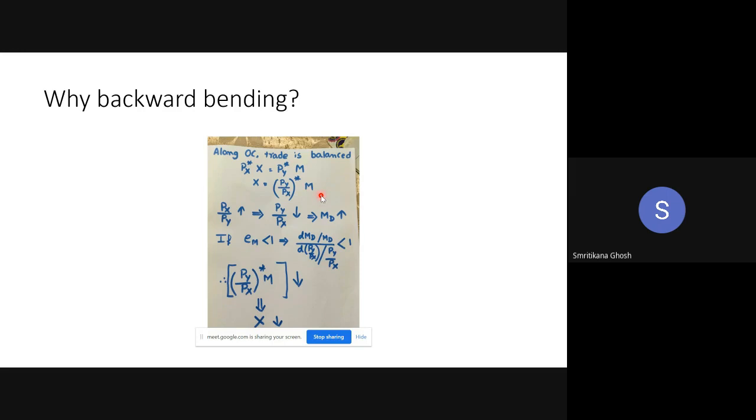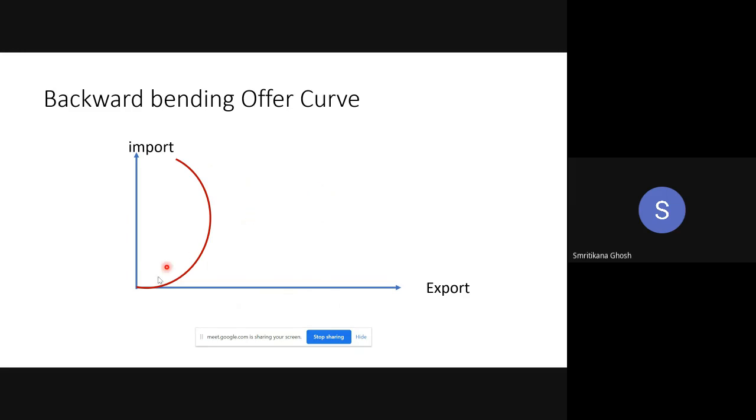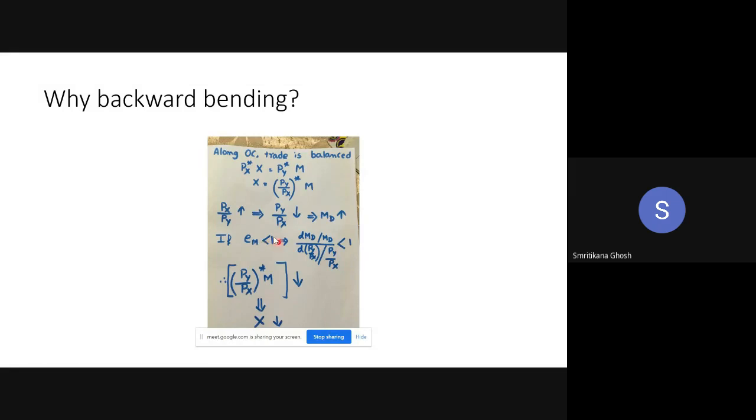Now, if terms of trade is rising, as we did here, I did not draw so many terms of trade lines. If terms of trade is rising, that means price of exportable by price of importable is rising, right? So if Px by Py is rising, that means Py by Px is falling, right?